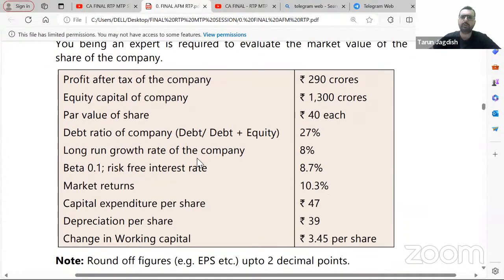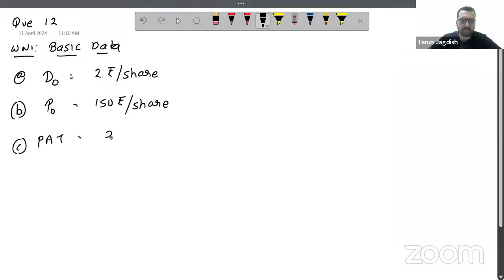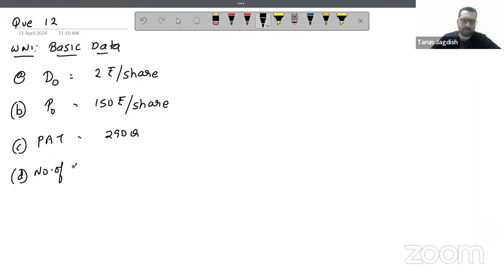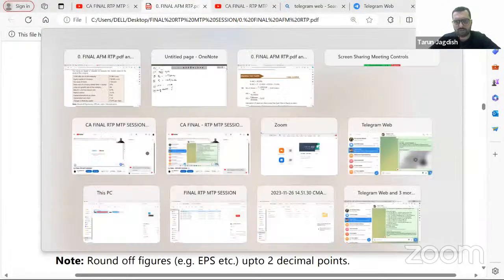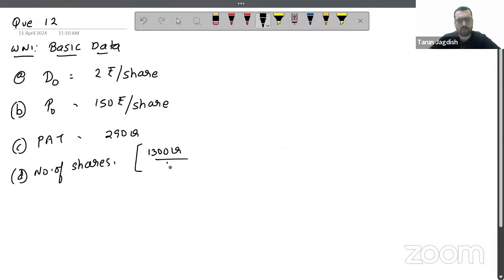So now they have given you the profit after tax and they have given you the equity capital. Equity capital is 1,300 crore. So I'll write down PAT is 290 crore. I can find out the number of shares from the equity share capital. That is 1,300 crore divided by 40.